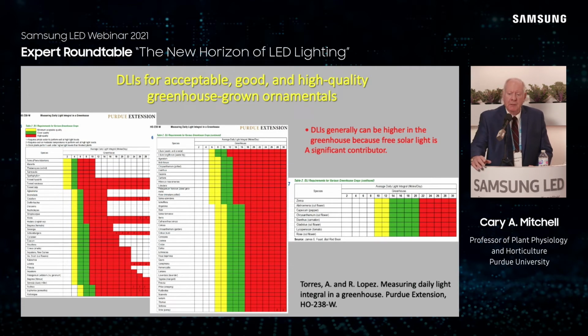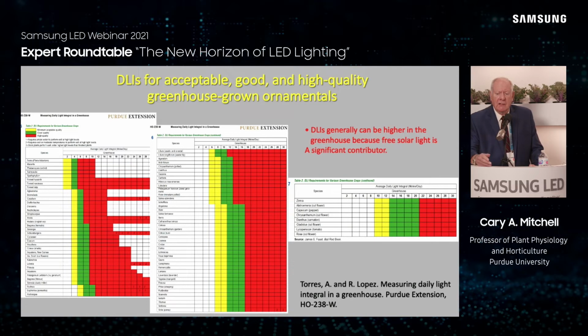Now here's a compilation of a lot of greenhouse crops. Most of them here are ornamental, and there are a lot of growers who still grow ornamentals in greenhouses. The yellow bars give you the minimally accepted quality for the DLI. The green, it's okay.